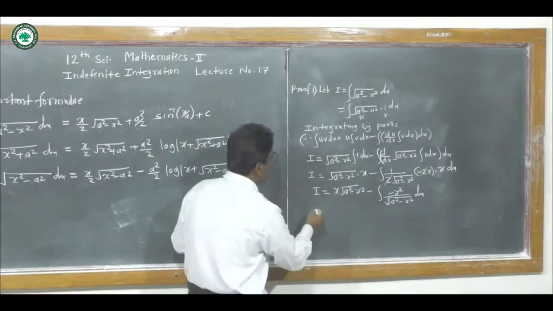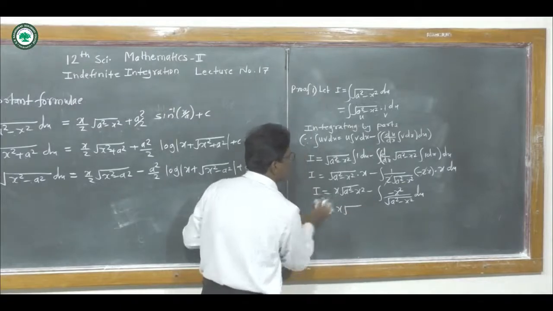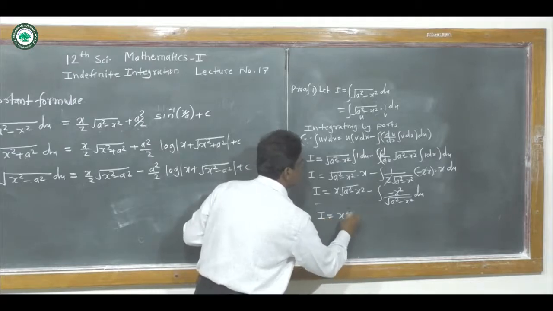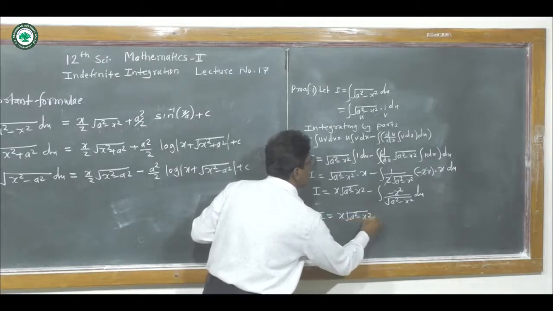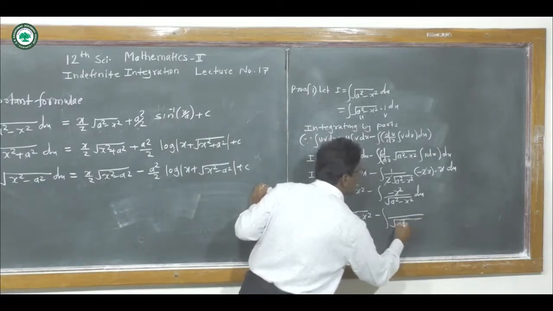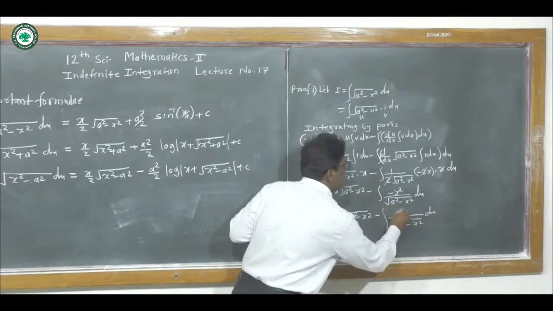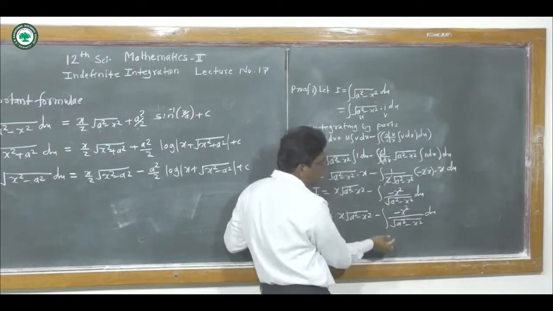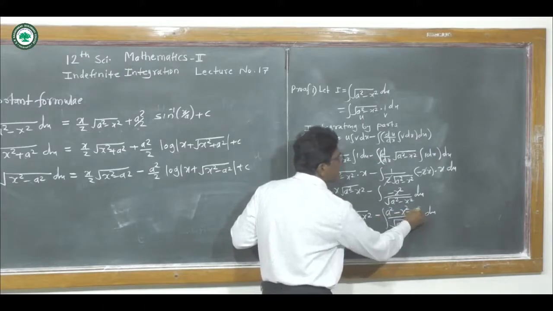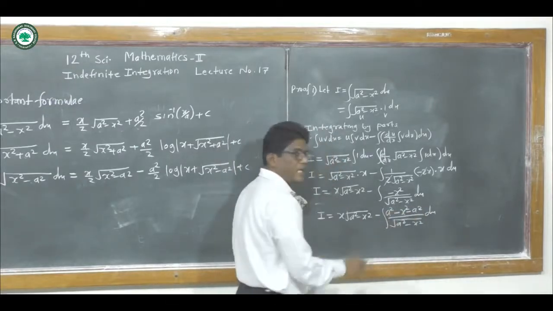So I is equal to x into under root of a square minus x square minus integration of this denominator as it is, root of a square minus x square dx as it is. Here this minus x square as it is, and we have to add here a square plus a square, and we subtract this minus a square. Minus a square plus a square we may cancel, then we get here minus x square as it is.